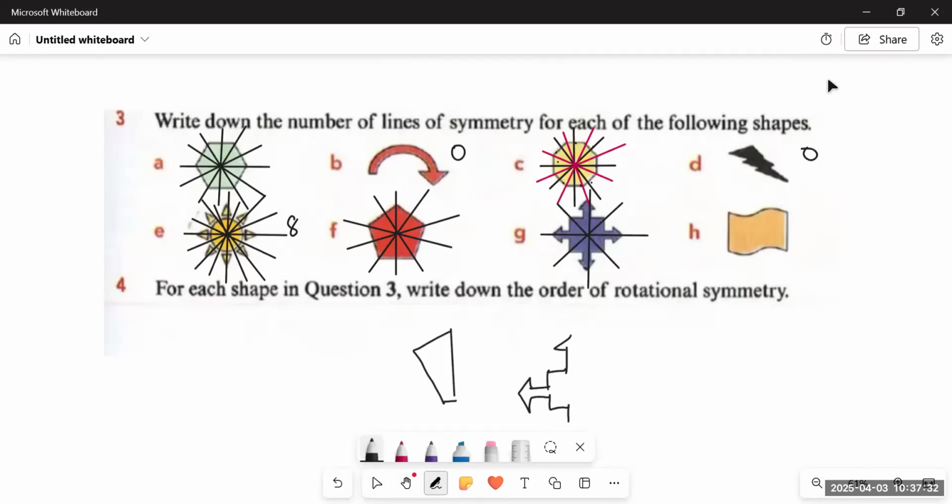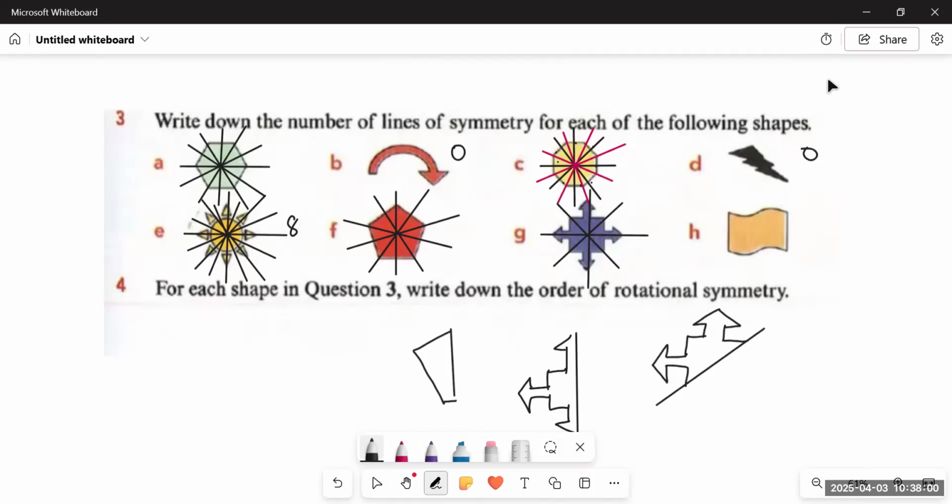Okay. And when we draw a diagonal line of symmetry, it will look like this. This is how it's going to look. Okay, so we will have 4 lines of symmetry in it.